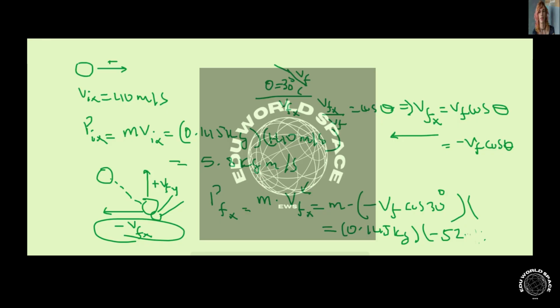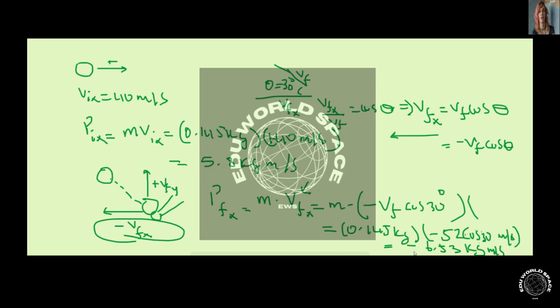So this times cosine of 30, if you multiply those two numbers, you get negative 6.53 kilogram meters per second.